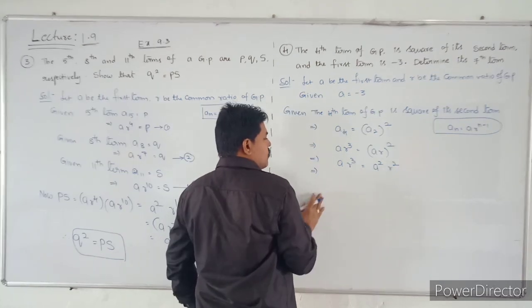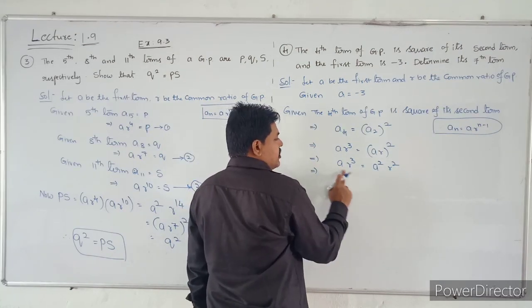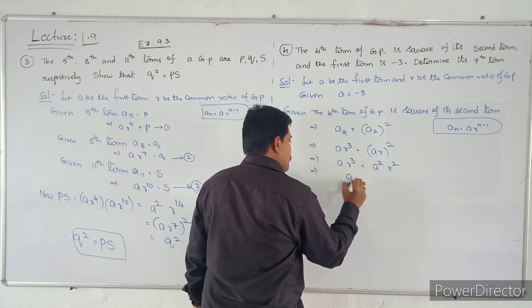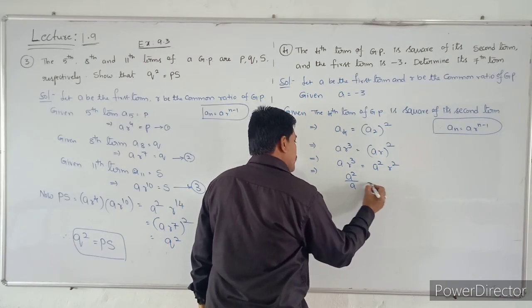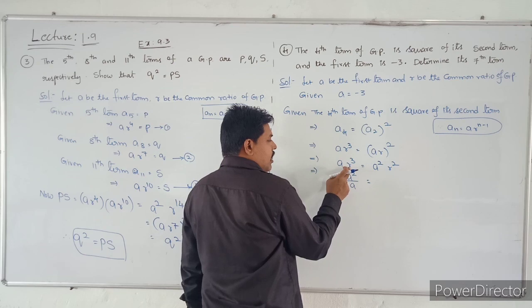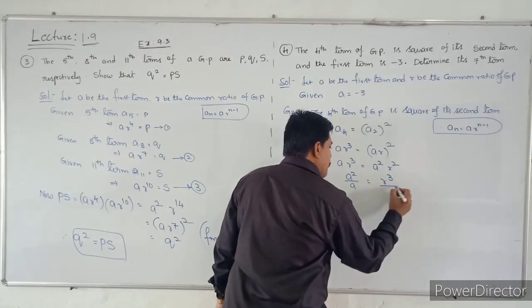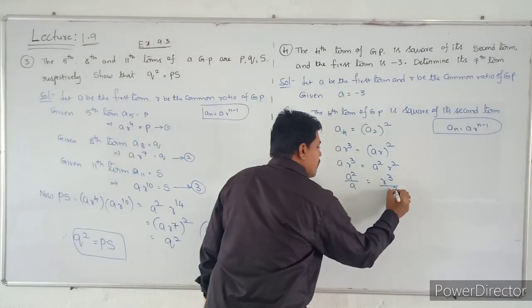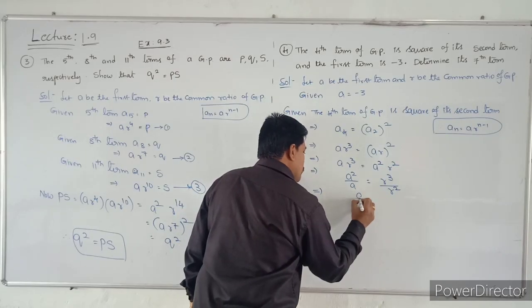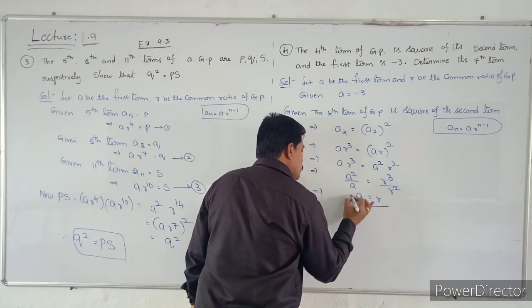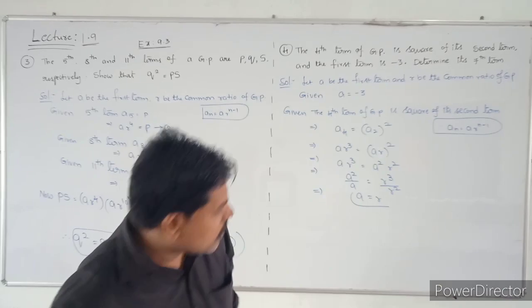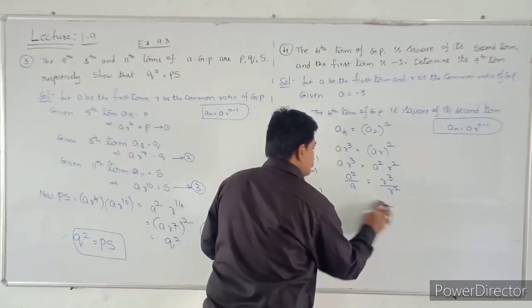So I will take A to the denominator of A square, so A square by A, and take R square to the denominator of R cube, it will become R cube by R square. So A is equal to R.